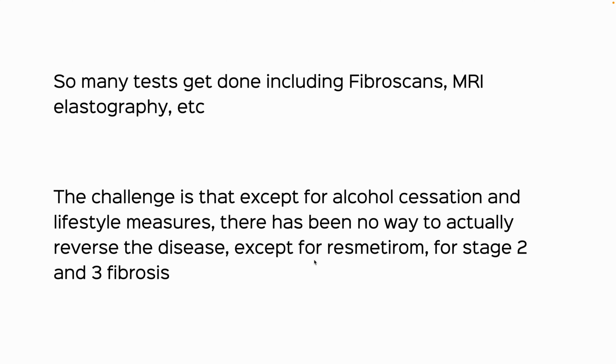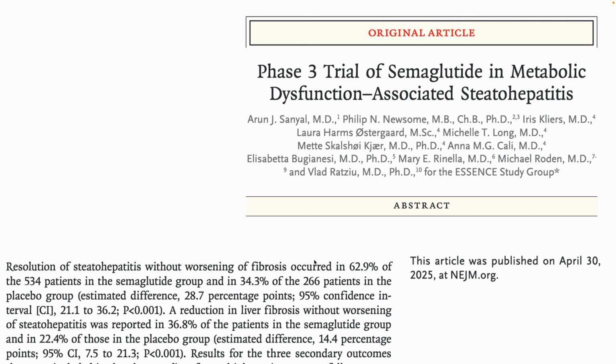But the challenge is that except for alcohol cessation and lifestyle measures for cardiometabolic risk factors, there has been no way to actually reverse the disease, except for resmetirom, which was a paper that came out last year for stage 2 and stage 3 fibrosis. Until last week, on the 30th of April, this paper was published in NEJM with semaglutide.